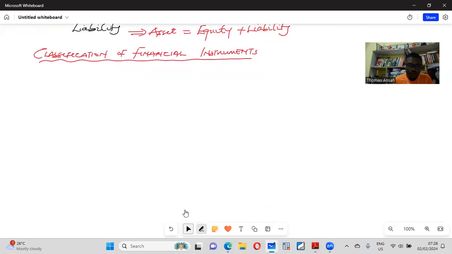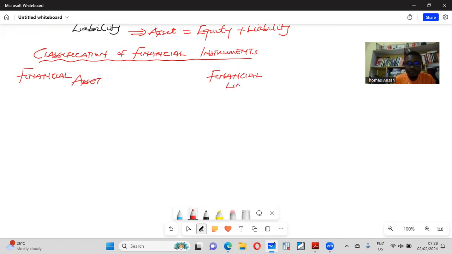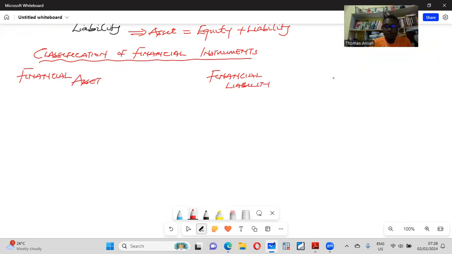Under these headings, we are going to talk about financial assets, we're going to talk about financial liabilities, and lastly, we'll be talking about the equity instrument. All right, so let's be quick on that. So this is basically our accounting equation.